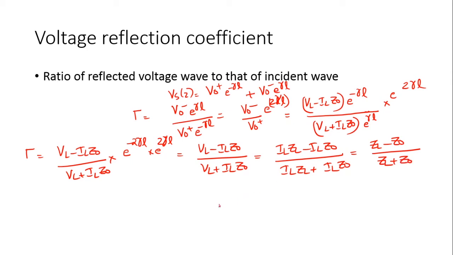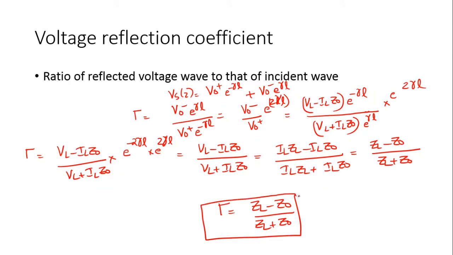So you got the reflection coefficient as ZL minus Z0 divided by ZL plus Z0. This is a very important equation, the reflection coefficient of a transmission line, where ZL is the load impedance and Z0 is the characteristic impedance.